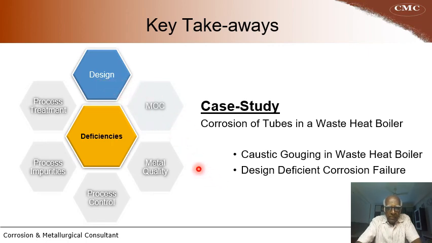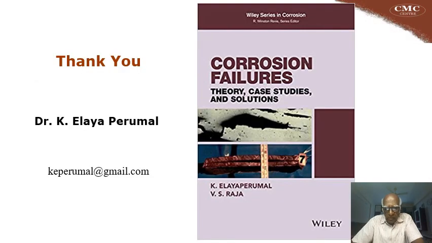So this is a typical case of design deficiency corrosion failure. This design deficiency corrosion failure has to be corrected, and that is what this video lecture has given us. Thank you for attending this case study on corrosion failure.